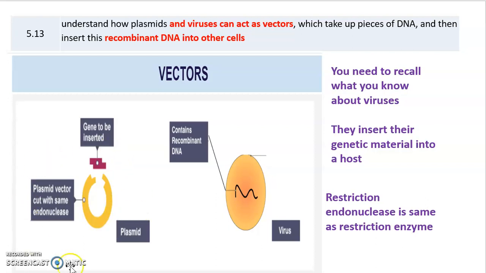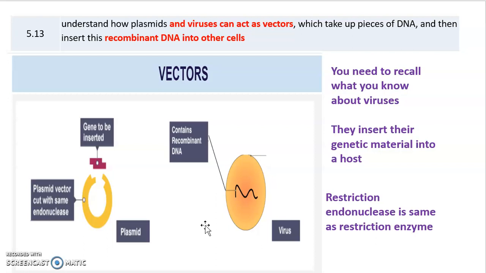Another vector, other than the use of a plasmid, which is on your course, is to use a virus. So let's just pause and think about what we know about viruses. Viruses are not, strictly speaking, thought to be living. They're not biologically alive because they cannot do the characteristics of living things without their DNA being inserted into a host cell.